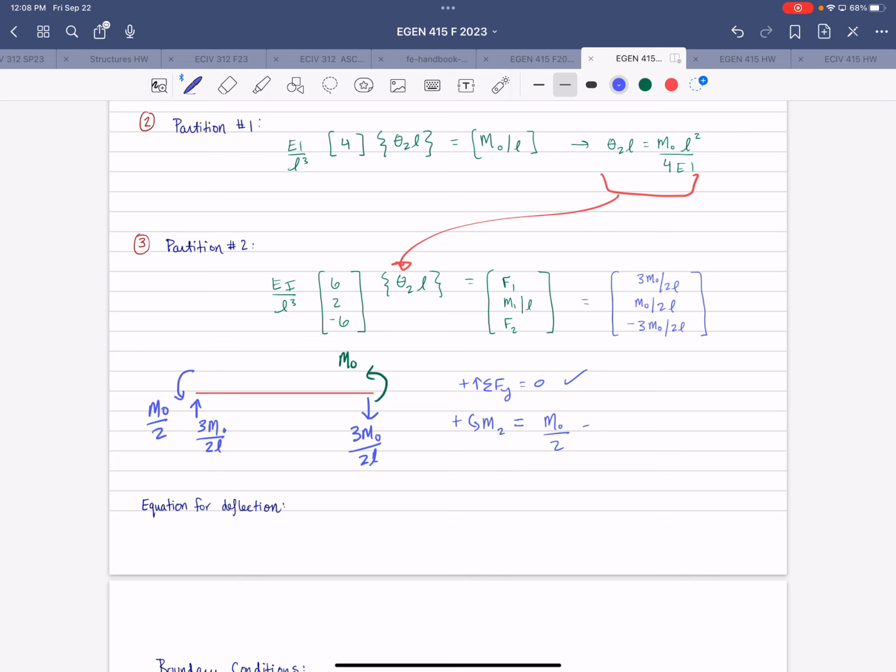So I'm summing moments about node 2. We have the moment at the left end minus the reaction at the left end times its moment arm, plus the applied moment at the right end is equal to 0, and that does check out.